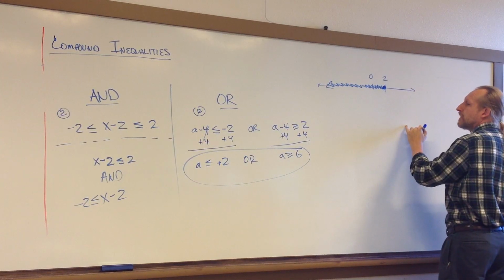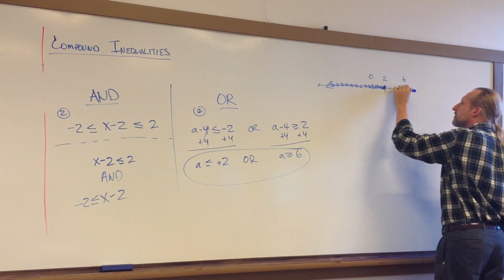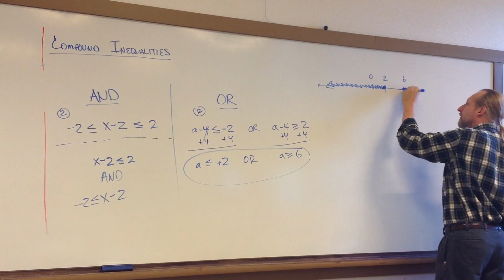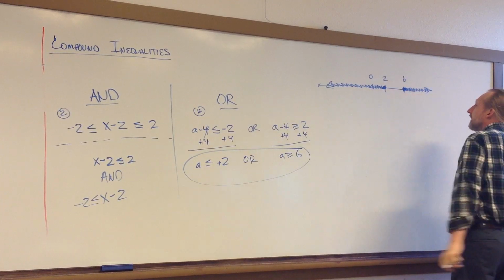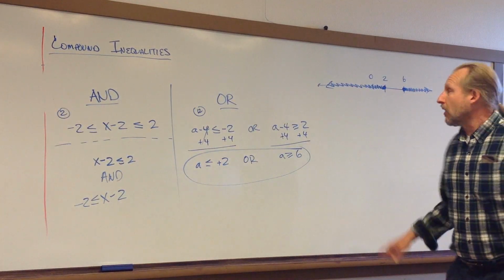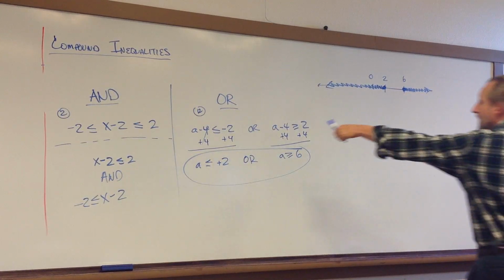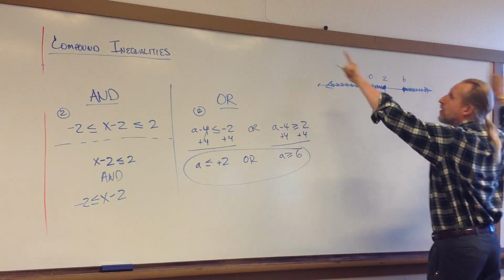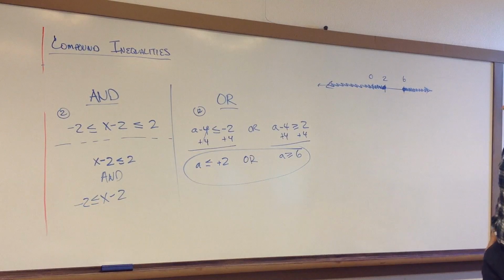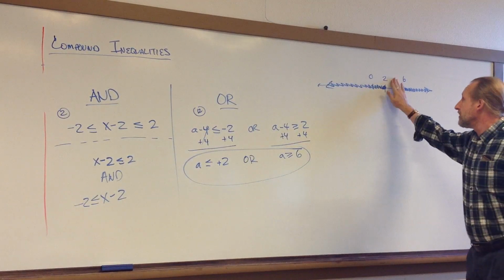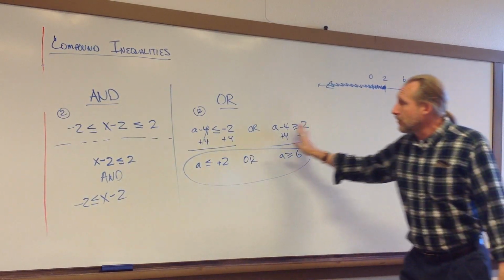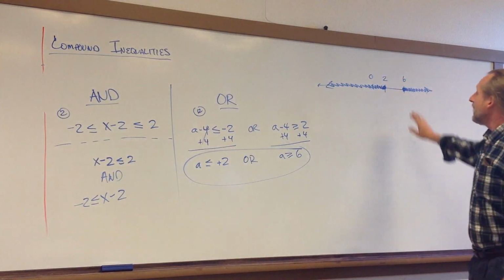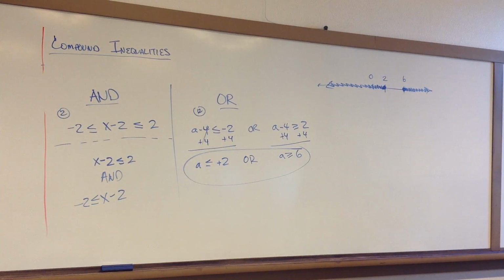And then greater than or equal to 6 goes off in this direction. Okay? And this is what I was just saying a minute ago. This is typical of what you'll see from the or statements, as they go off in two opposite directions. These numbers in the middle between 2 and 6 don't satisfy either one of these, and so those are not part of our answer.